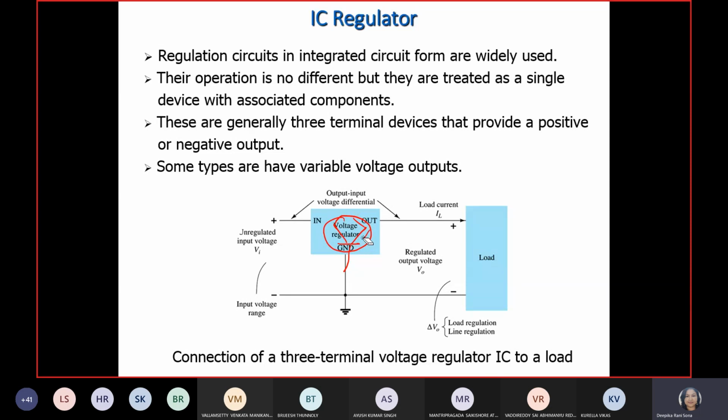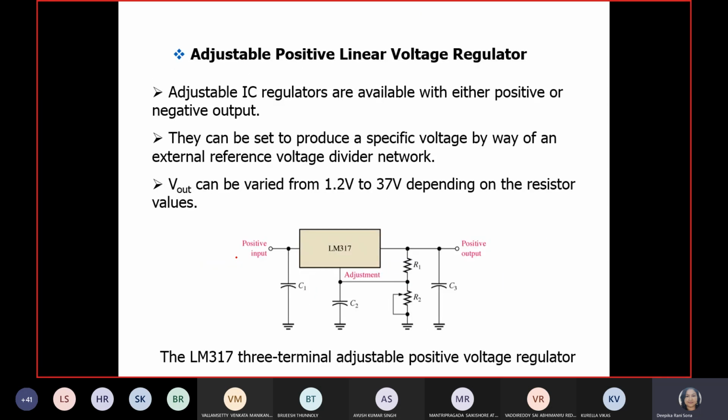So similarly, guys, suppose I am telling you I may get a regulated output voltage, whether it is series type or shunt type. Actually, what is the additional circuit component I have to use to get my desired output voltage? That part only I'll show you. So these are different IC numbers, and here is the adjustable positive linear voltage regulator, guys.